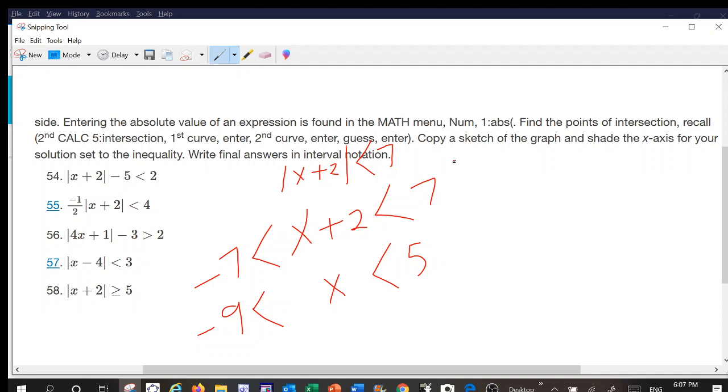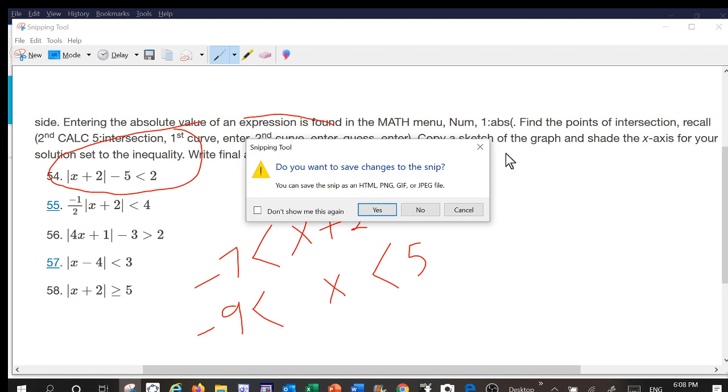Now here it says, so what we want to do here, we want to find the intersection of these two using a calculator. So I want to use a calculator to do this. To use a calculator, I'm going to just find the equation.